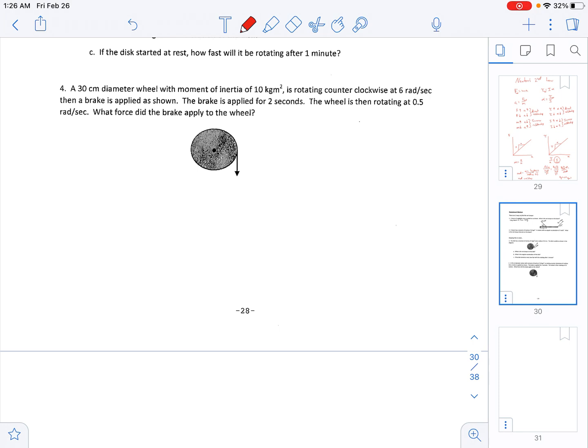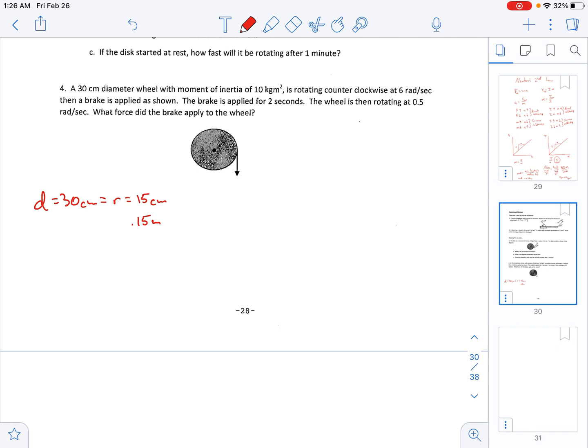Well, the first thing we want to do here is copy down our givens. We know that we have a diameter of 30 centimeters, which really means that we have a radius of 15 centimeters or 0.15 meters.